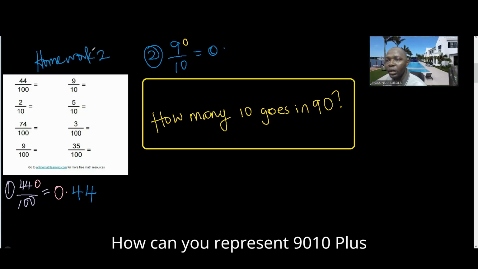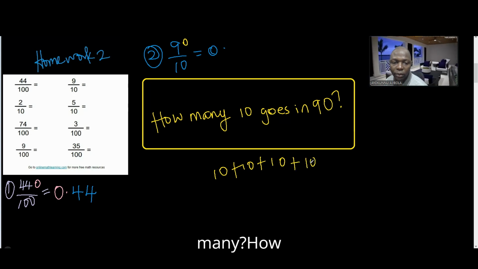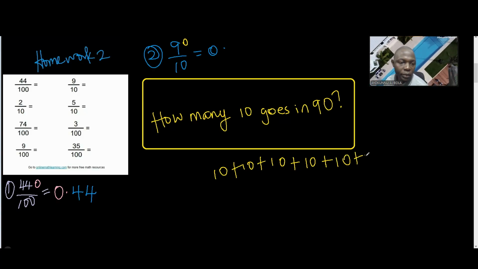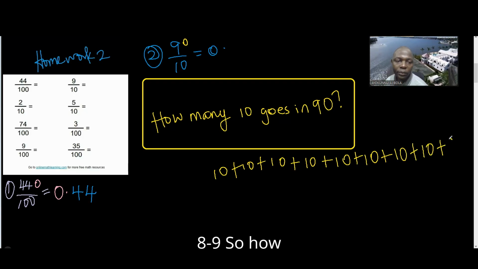How can you represent 90? 10 plus what? How many will give us 90? 1, 2, 3, 4, 5, 6, 7, 8, 9.